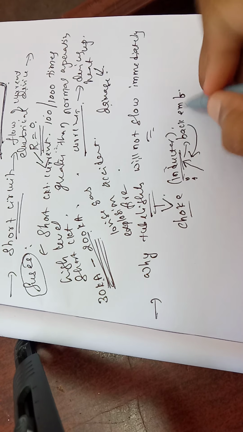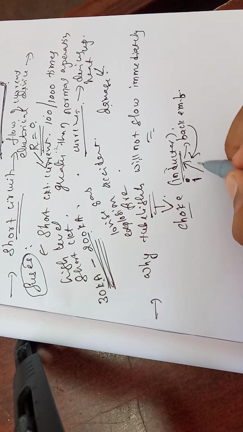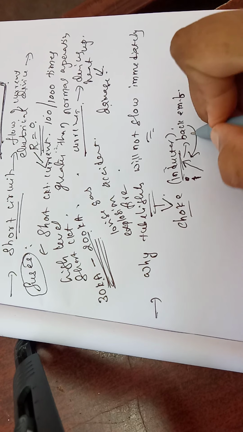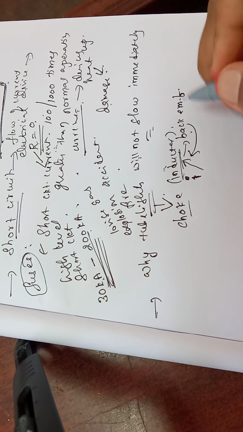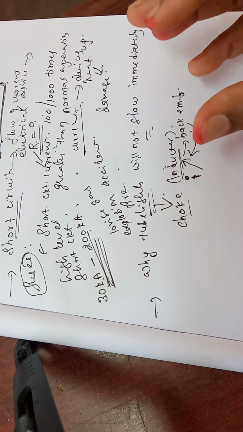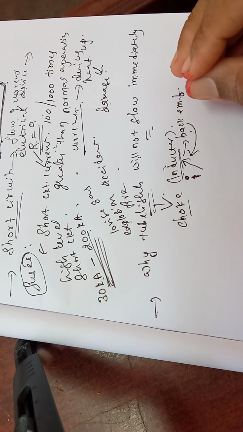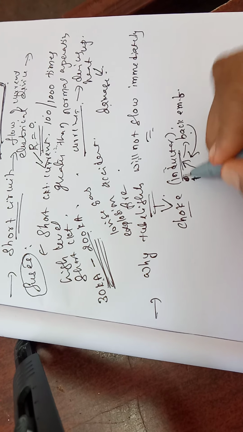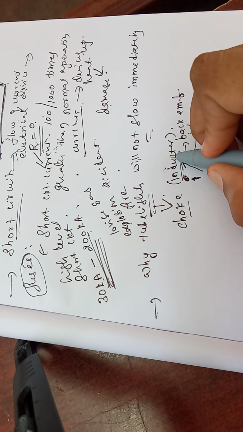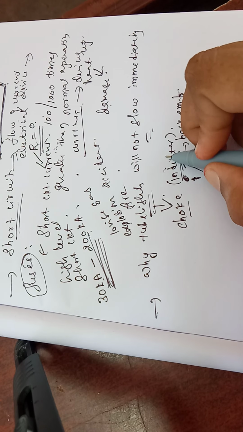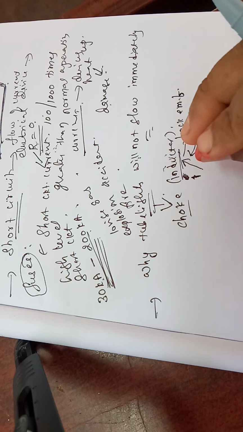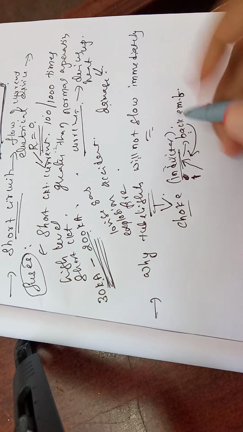So when the current is sufficient to overcome this back EMF generated in the inductor, the tube light completely glows. Until then, you will see it just glow off. Immediately it will not glow.